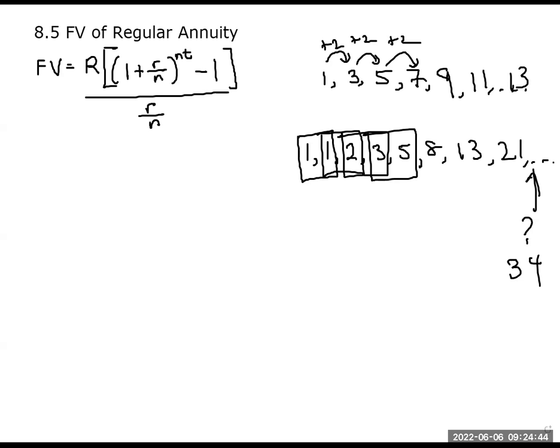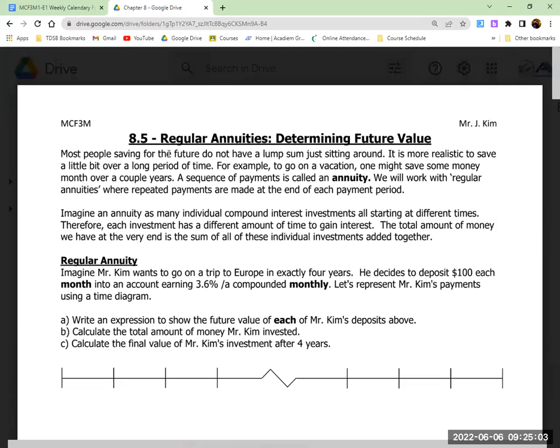But do you have 30 something thousand? Even that amount might not be an easy amount to have when you are in high school, right? When you're still a teenager. So take a look, if I could share this screen right here. It is more realistic to save a little bit over a long period of time.